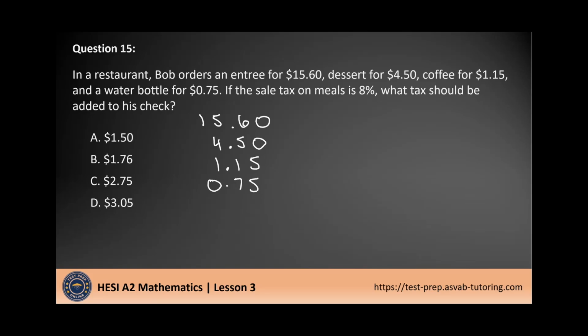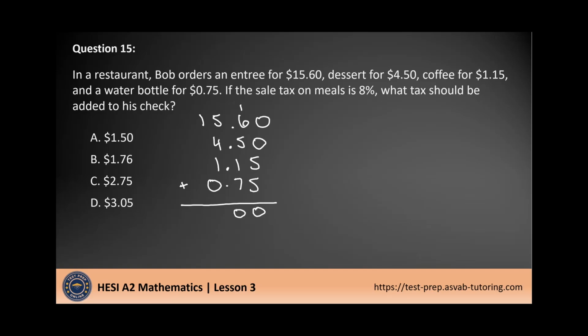75 cents. Notice that I lined up all of my decimals. That makes sure that all of my other places are lined up. So my ones, my tens, my tenths, my hundredths are all lined up if I make sure that my decimals are lined up when I set the problem up. Add these together. 0 plus 0 plus 5 plus 5 is 10. 1 plus 6 is 7, plus 5 is 12, plus 1 is 13, plus 7 is 20.